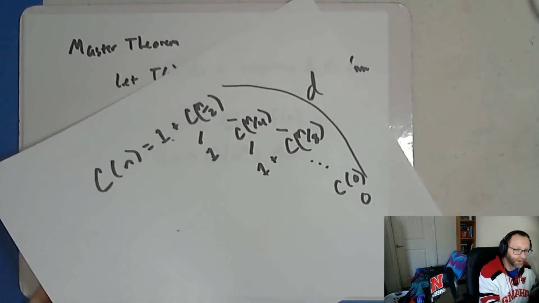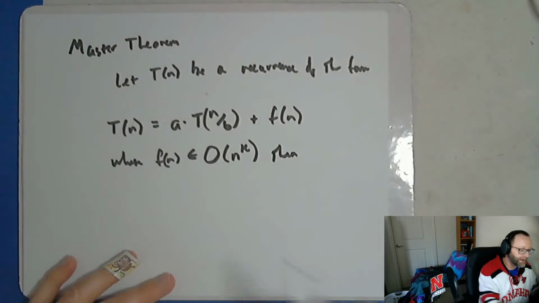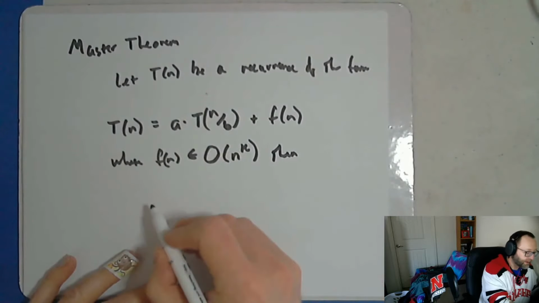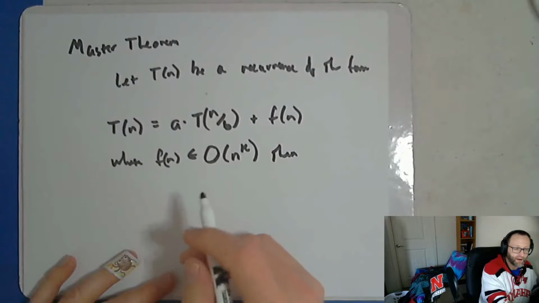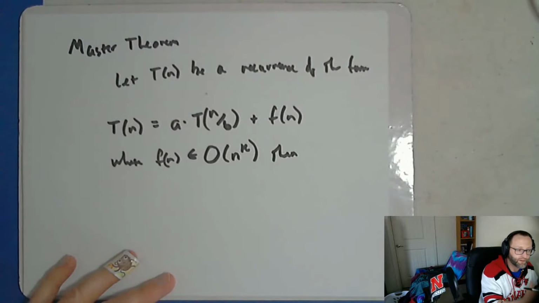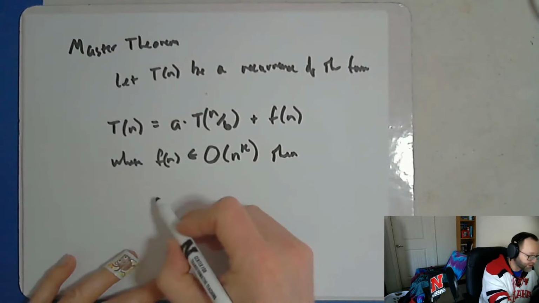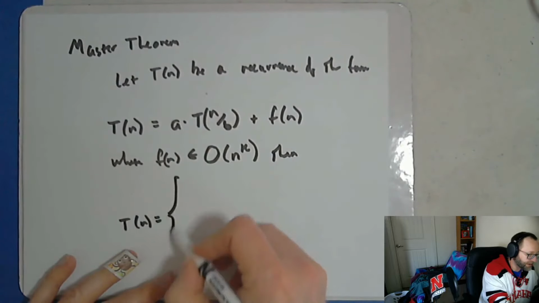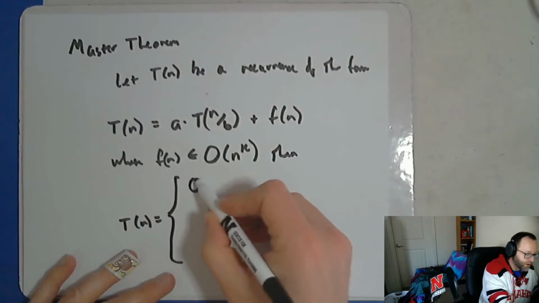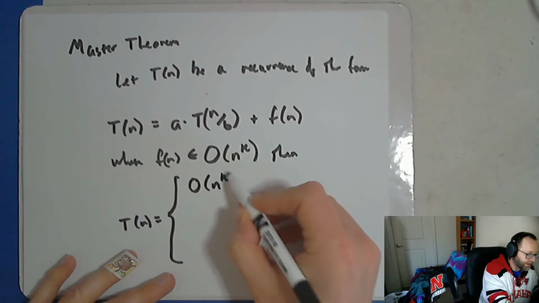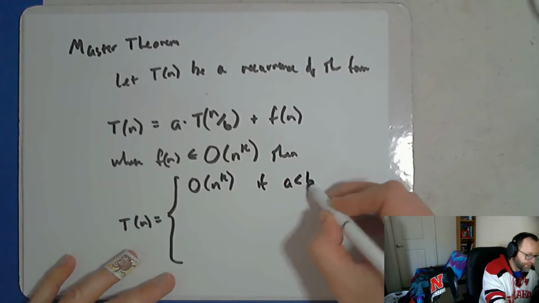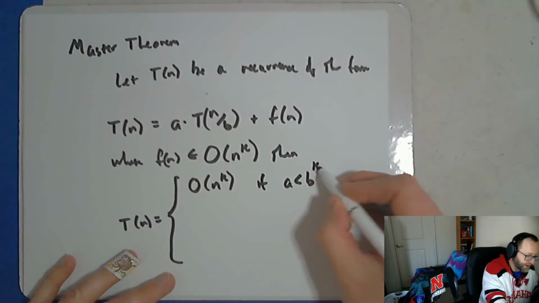We don't have to solve it. All we need to do is identify a, b, and k, and that gives us a big O characterization of T sub n. There are only three cases here. It's going to be order n to the k if a is strictly less than b to the k.